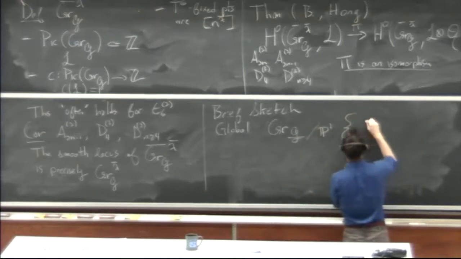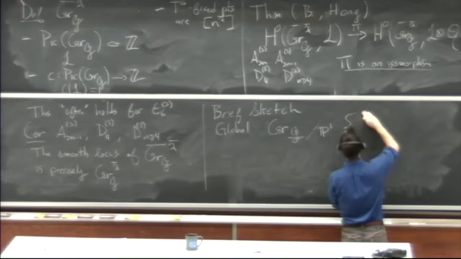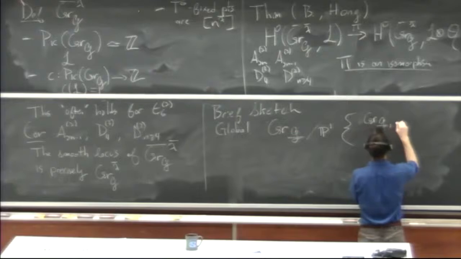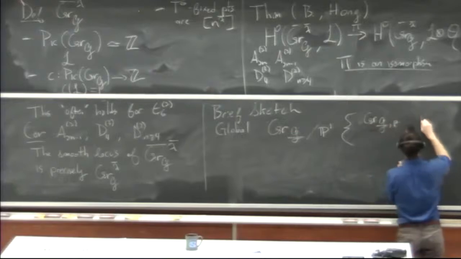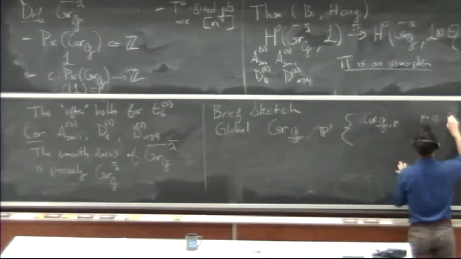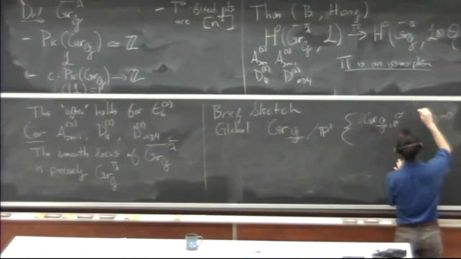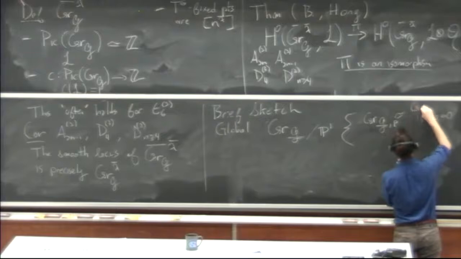The fiber over P, when P is equal to 0 or infinity, is going to be isomorphic to the twisted affine Grassmannian.